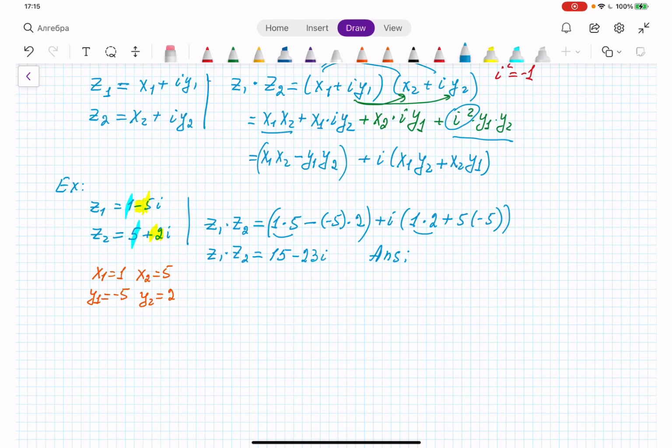For the product of complex numbers in trigonometric form, the equality is true that z1 times z2 is equal to r1 times r2 times cosine of phi1 plus phi2, plus i times sine of phi1 plus phi2.